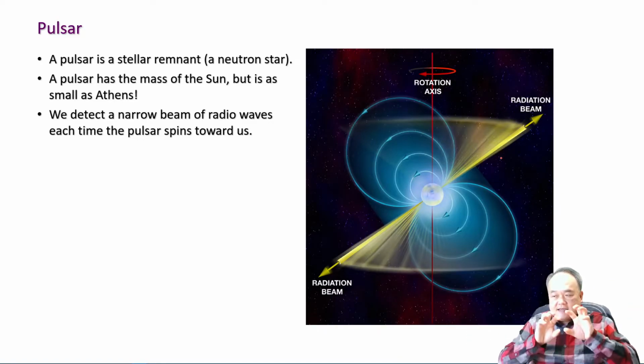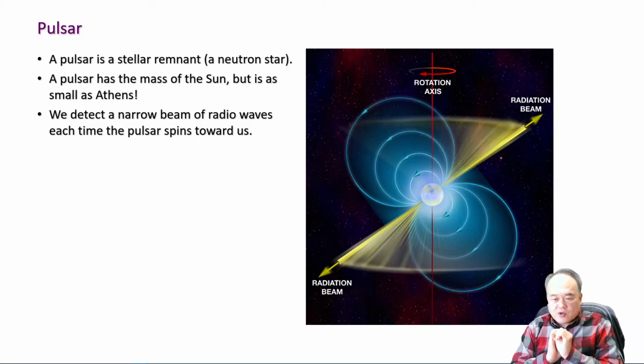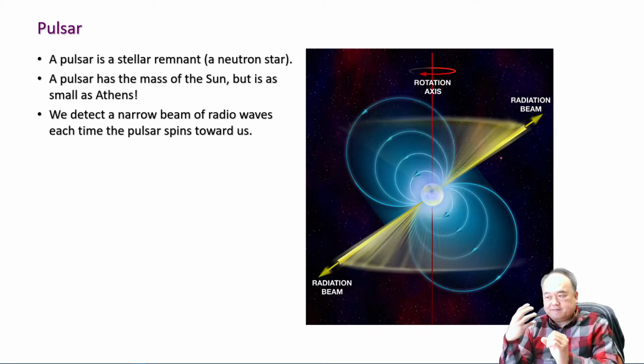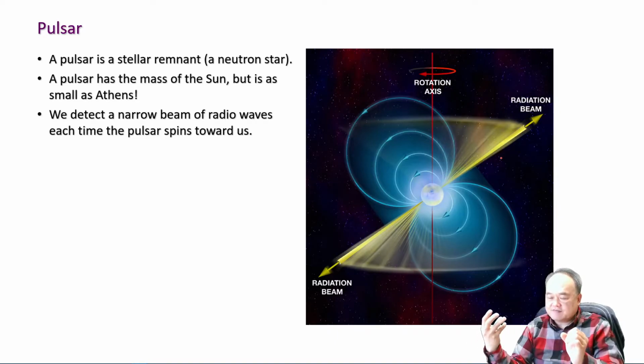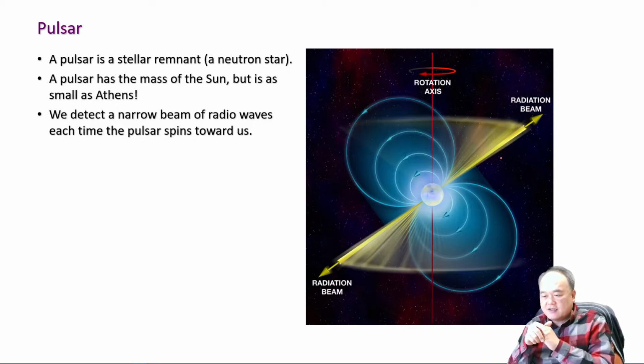What is left at the core is the really hot ashes of the nuclear fusion, typically helium and maybe silicon, mostly helium nuclei.